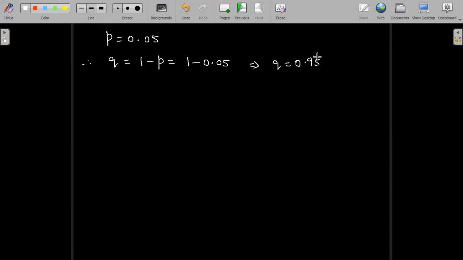Now what is N? N is the number of passengers that they are booking the tickets for. So here N is also mentioned for us. N is 52.